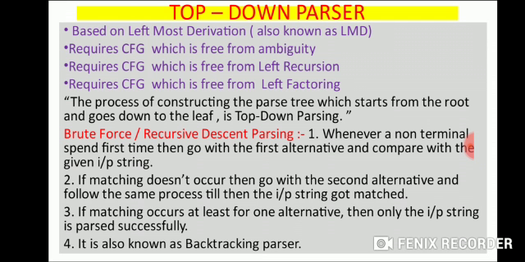We repeat the same process till the input string gets matched. If matching occurs for at least one alternative, then only the input string is parsed successfully. It is also known as backtracking parsing.